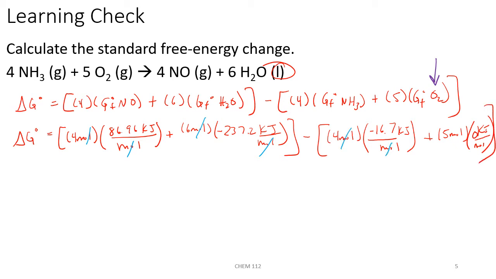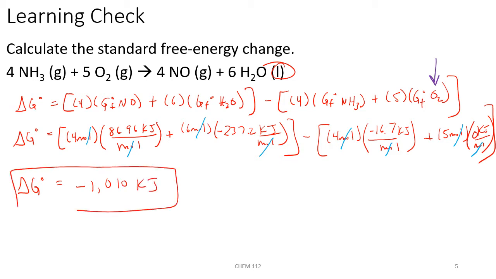So our moles will cancel and we'll be adding together kilojoules when we calculate our delta G for this reaction. And delta G comes out to negative 1010 kilojoules. And since we got a negative value for our delta G, that tells us that this reaction is spontaneous as written.